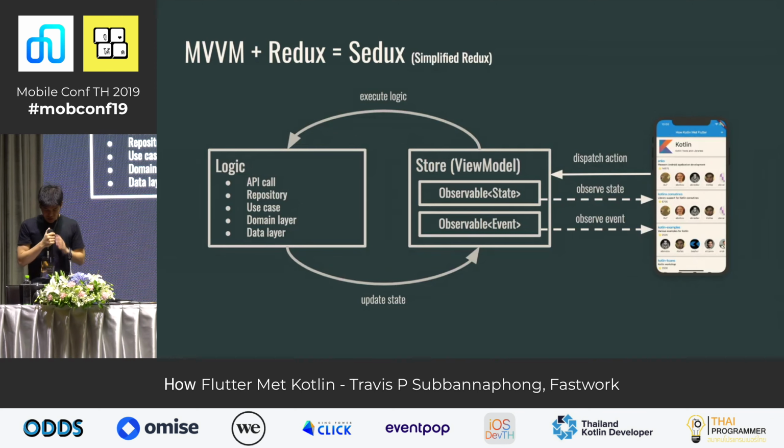Your choice. But let's say for this example, it would be just an API call. Now, when the store got the result back from the API, it would update the state. So it will push a new value into an observable of state there. And our UI will constantly observe the state. So whenever the state changes, the UI will re-render accordingly.